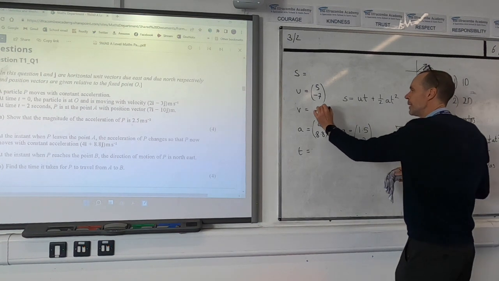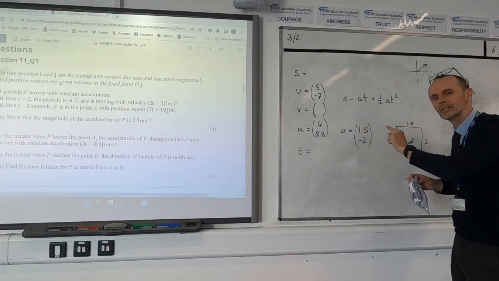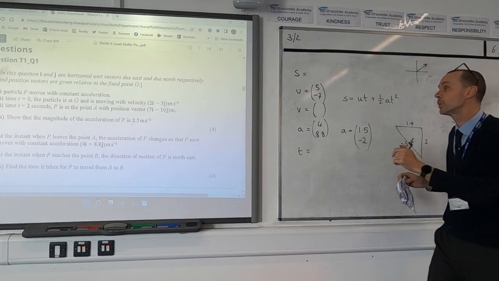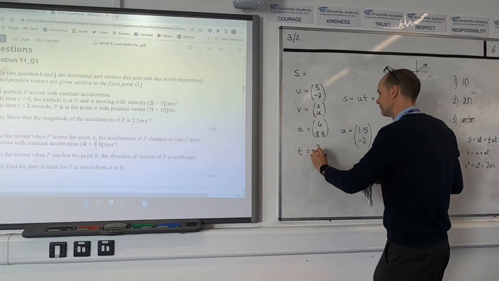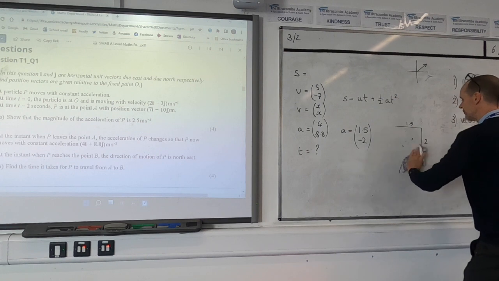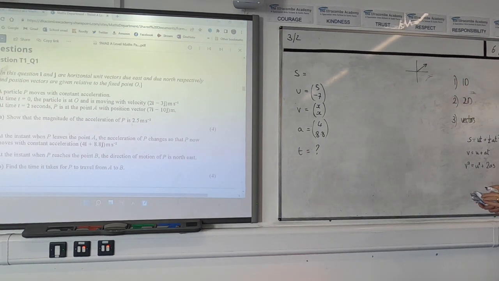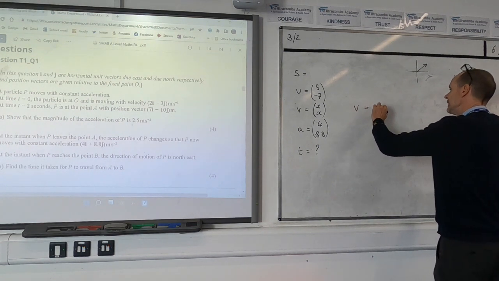I've got two numbers here. It's horizontal and its vertical component. They are the same. If it's travelling at 45 degrees, then this and this will be the same. So I'm going to call them both x. Now I want to know what t is, so I'm going to use v equals u plus at.